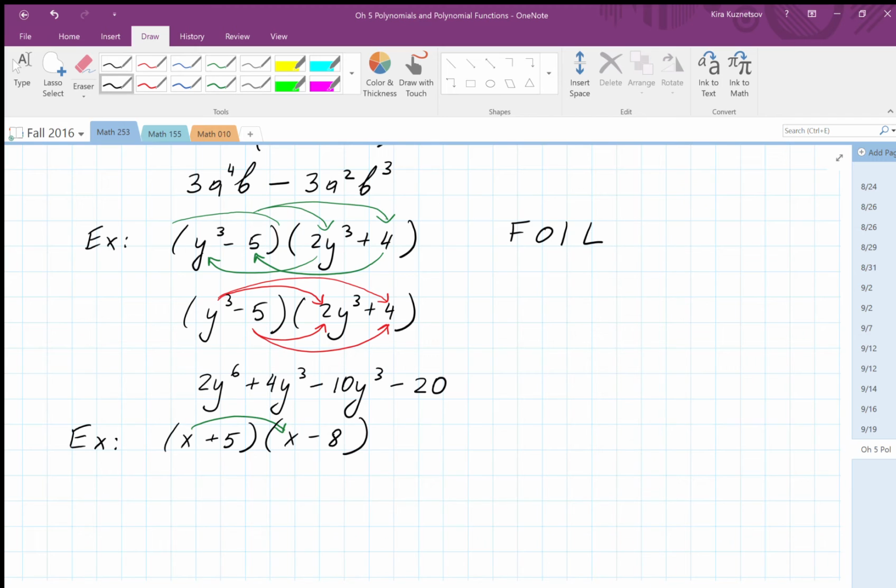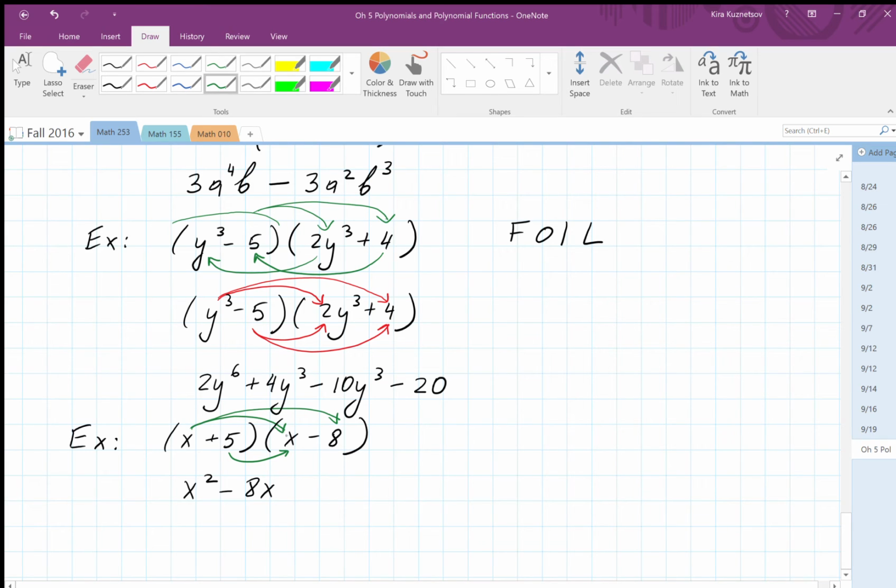First terms, x times x is x squared. Follow with the next terms. Positive x times negative 8 is a negative 8x. Inner.